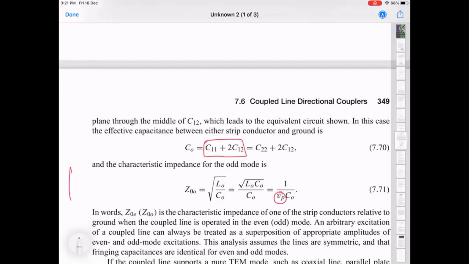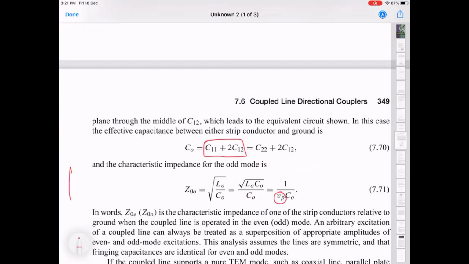And this is connected to the fact of whether this can be modeled as a TEM transmission line or not. In the simplest case, the ones we'll be looking at, we assume that's true, which means that an even mode excitation and odd mode excitation travel at the same speed through this coupled transmission line medium.